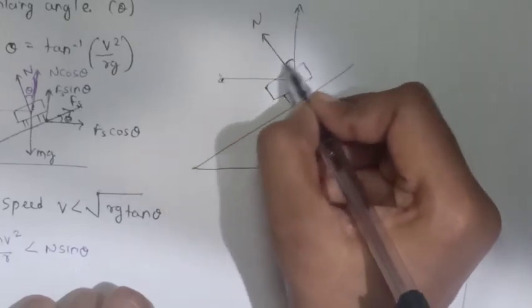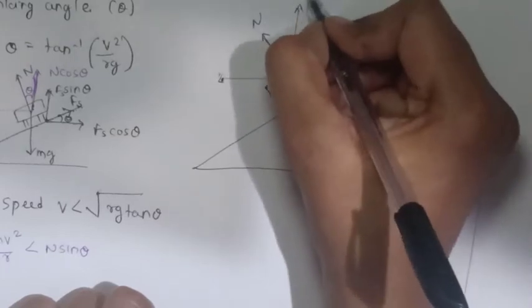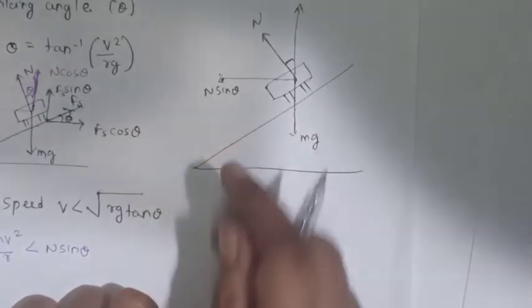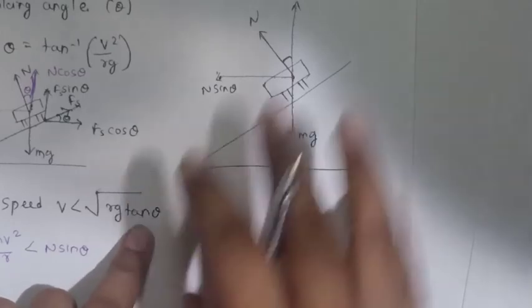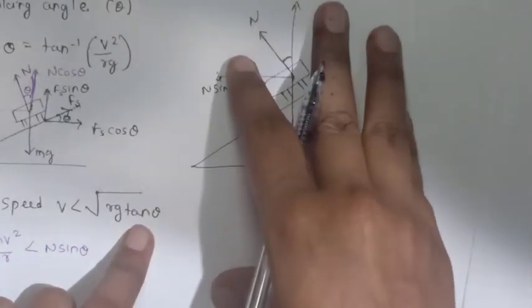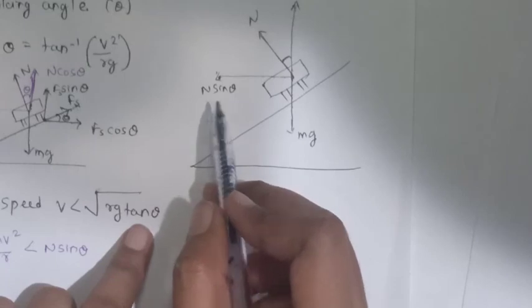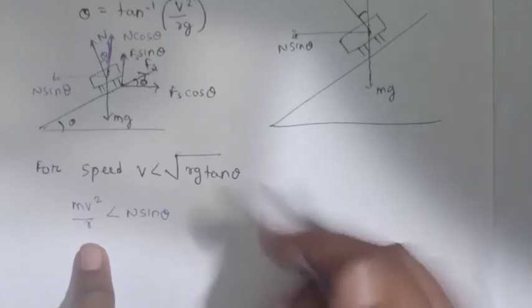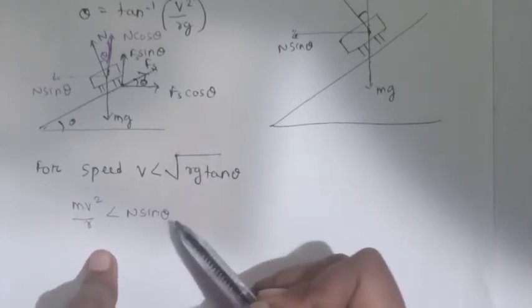Theta is made by this, so it will be given by N cos theta, and this one by N sin theta. As we are considering speed less than this, in the case of a banked road, the necessary centripetal force is given by the horizontal component of normal reaction, and that's why you get the relation mv square by r, and since the speed is less, mv square by r is less than N sin theta.